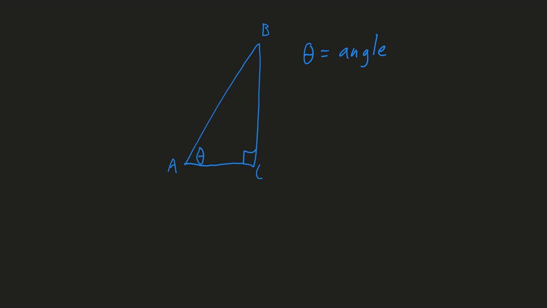Now I can make the angle smaller, right? We call this an acute angle, or we can make it bigger and we can make our angle obtuse. Okay. So this angle we call theta. It's just the Greek letter that we use to denote angle since we're running out of some symbols. Right?